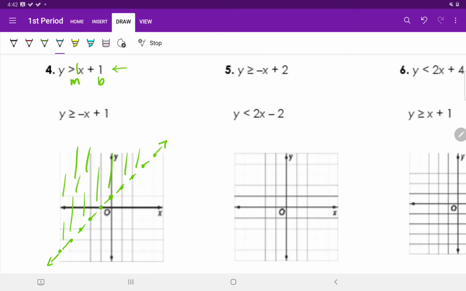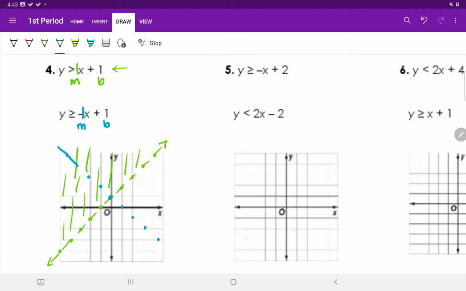For the second line, we'll look at this as a -1x. So our m is -1 and our b is +1. So +1 is our y-intercept, and our slope goes down 1 and right 1. Trying to estimate where the points would be here.